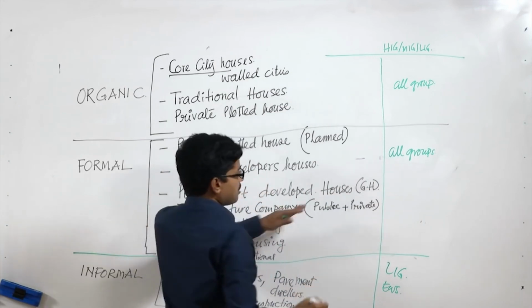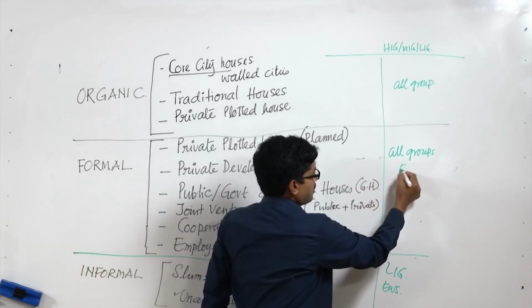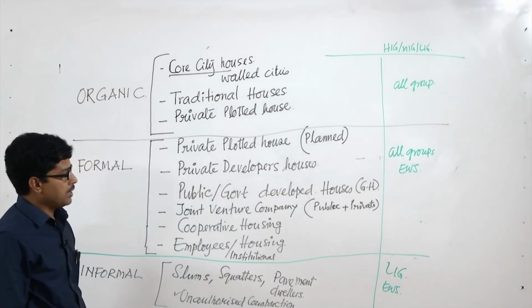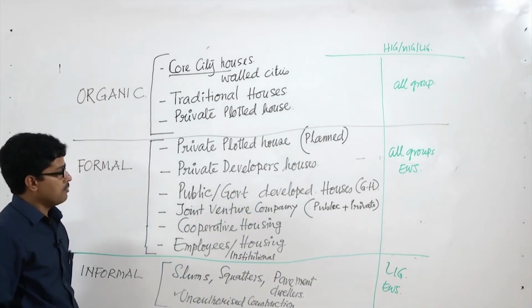The formal houses cater to all groups except EWS, because the EWS cannot afford a formal house.